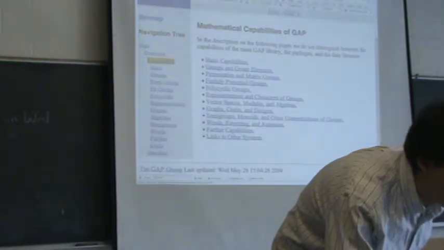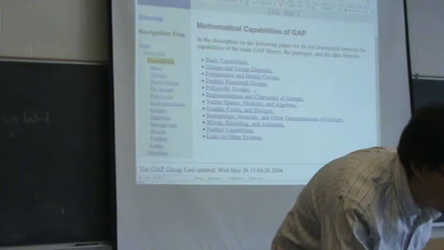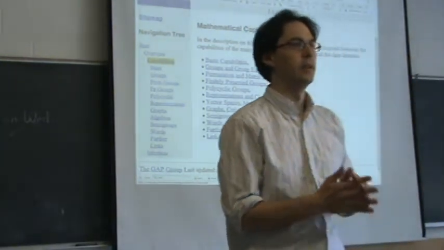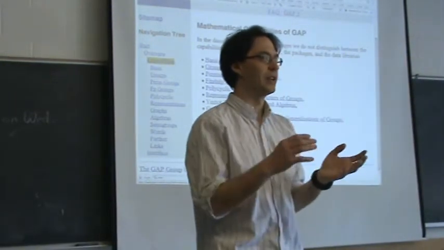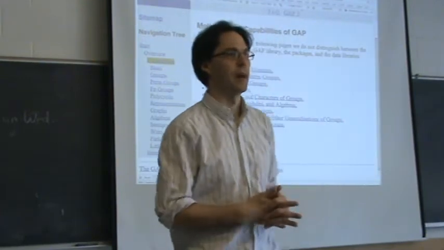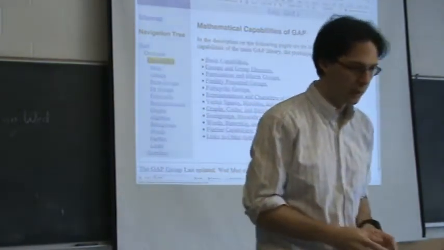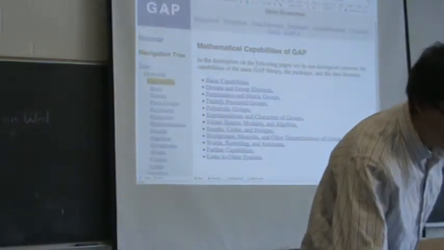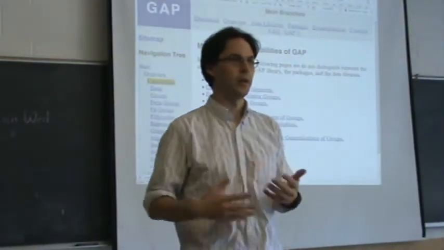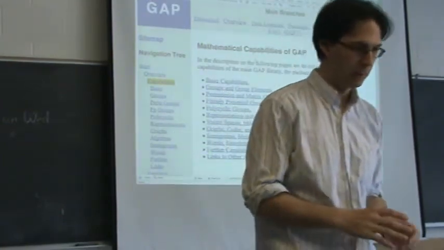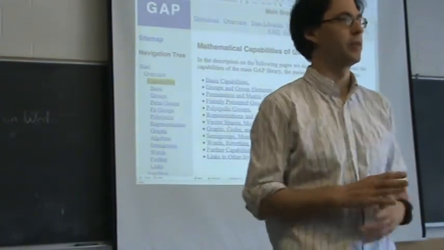So here's a list of mathematical capabilities. I think GAP really started in the mid-'80s as almost an ideological counterpart to Magma. The guy who started GAP, Joachim Neubüser, really didn't like the way Magma was being sold and closed, while at the same time building a lot on the work of other mathematicians.